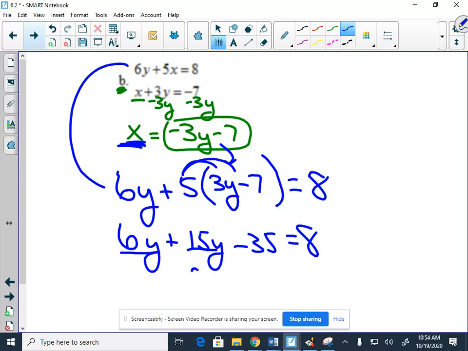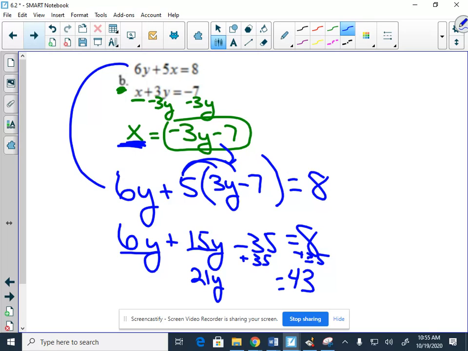These are like terms. We get 21y. We're going to add 35 to each side. Equals, I messed this one up. 15y minus 35 equals 8. Equals 43. This one must have some sort of a mistake in it.